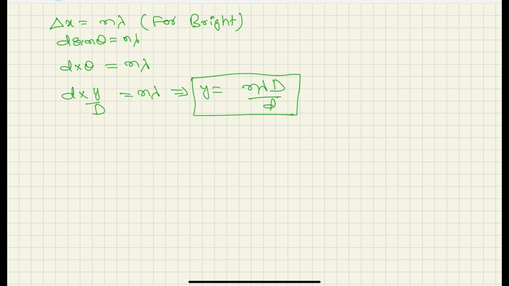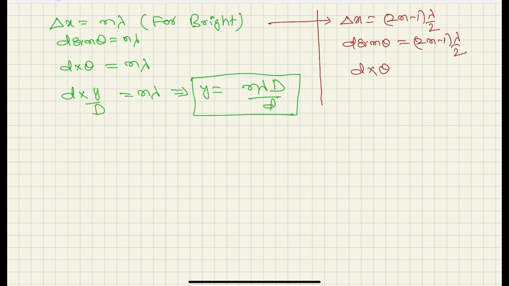Now I want to write for the dark fringe. Same as this one, delta x is equal to 2n minus 1 into lambda by 2. Delta x means d sine theta, so d sine theta is equal to 2n minus 1 into lambda by 2.